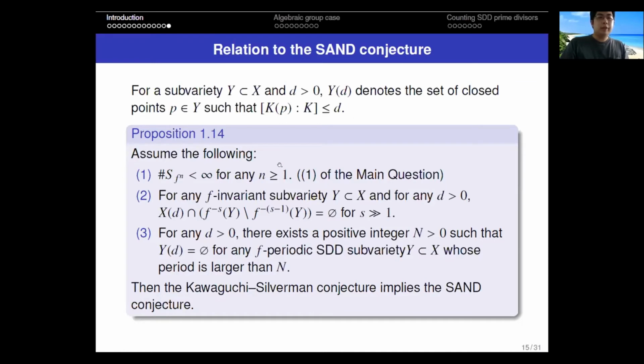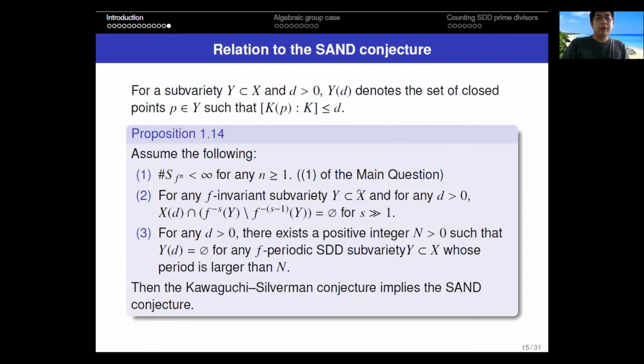We assume these conditions, then the converse of the previous implication holds. That is, then the Kawaguchi-Silverman conjecture implies the SAND conjecture. But we consider only the first one in this talk.